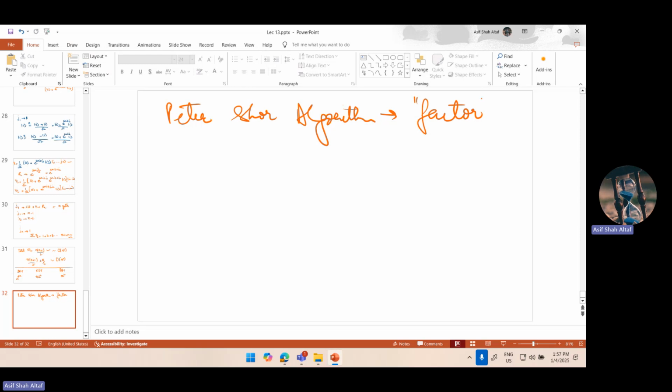Now, why is this problem very important? If you see all the security systems in the world, they basically rely on cryptographic algorithms which are dependent on prime numbers. And it's known that you cannot factorize a prime number in polynomial time.